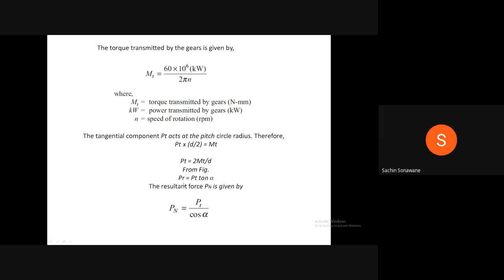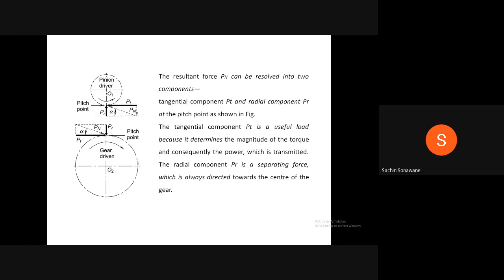Therefore, from the figure, again we will go back. If you consider this figure, this is alpha, this is PR, and this vertical component will also be PR. Therefore, tan alpha is equal to PR upon PT.